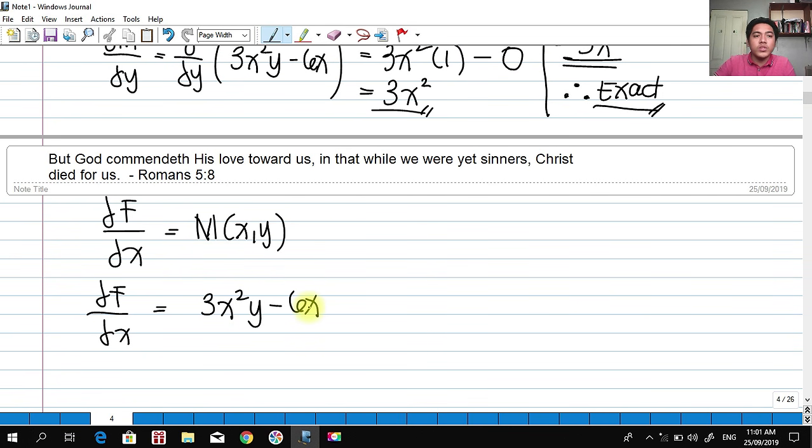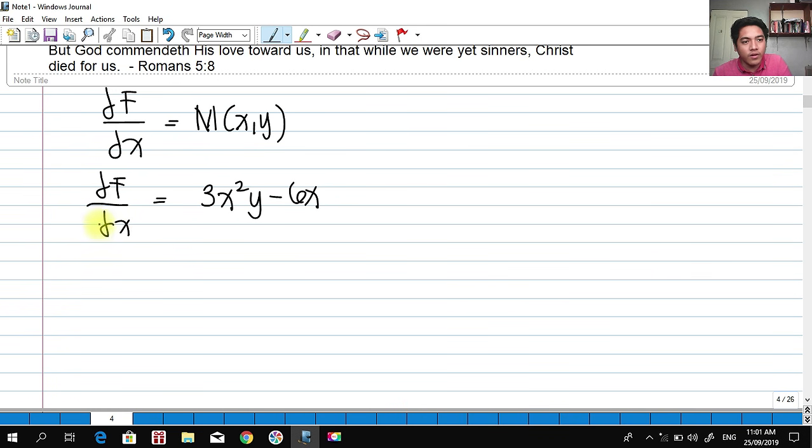If I'm going to cross multiply dx, or partial of x, to the other side of our equation, we have partial of f equals 3x squared y minus 6x partial of x. Okay? And we say, class, that f is the solution to our differential equation. This is partial of f.